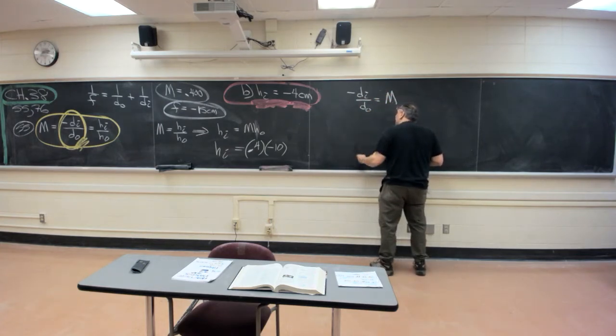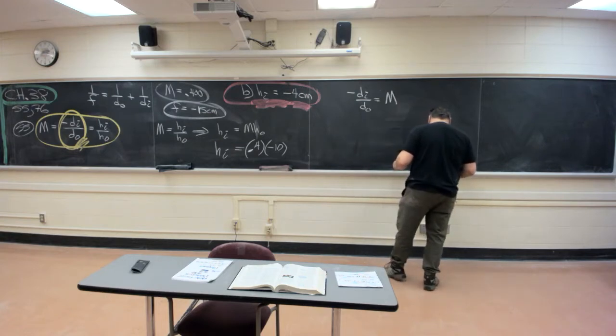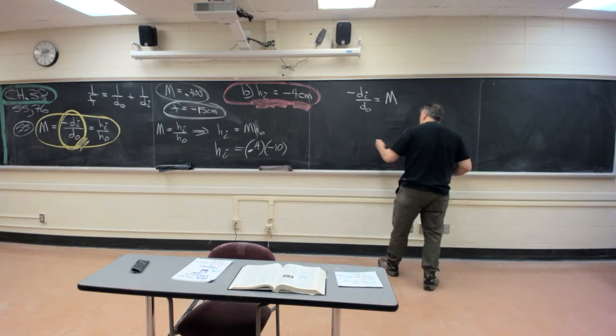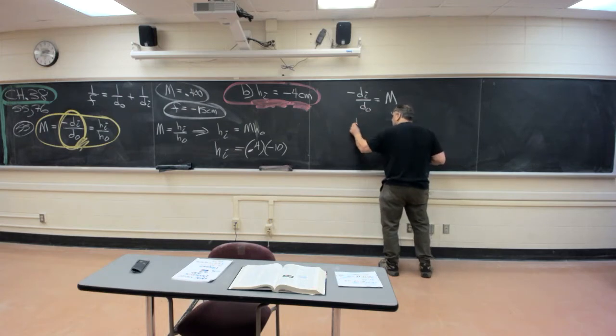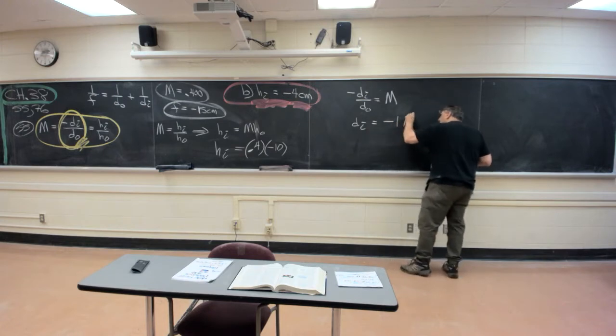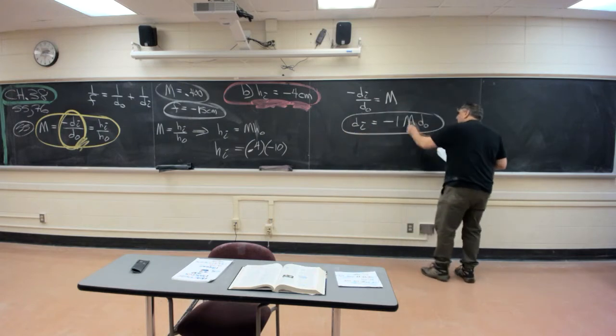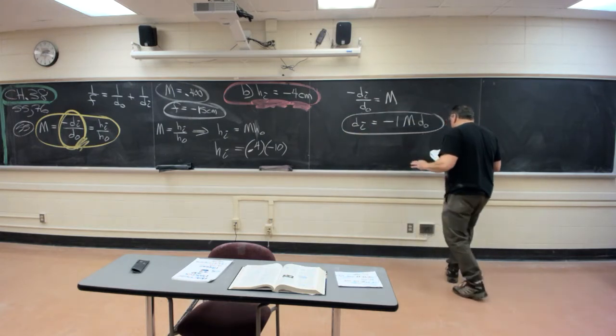They already told us what the magnification is. There's a whole slew of ways to go here. If you multiply by do on each side, then multiply by negative 1 on each side, you'll end up getting what you want. It's negative 1 times m do. So we're looking at the object distance and how that's going to play out.